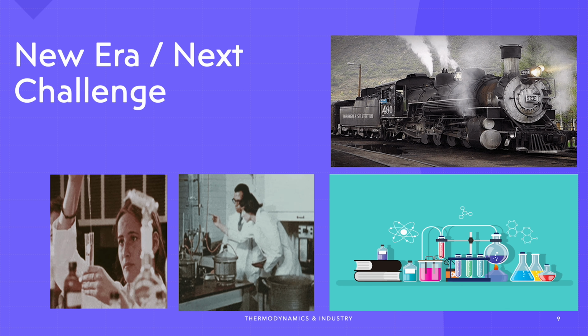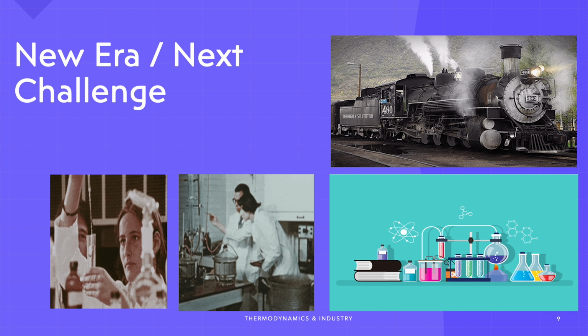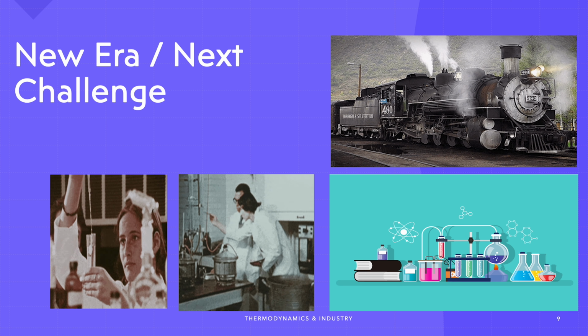Yep, absolutely. So the second half of the 19th century was marked by profound economic changes, such as the industrial transition from plants fueled by steam engines to the chemical and electrical industry. This period saw the birth and growth of industrial chemistry.